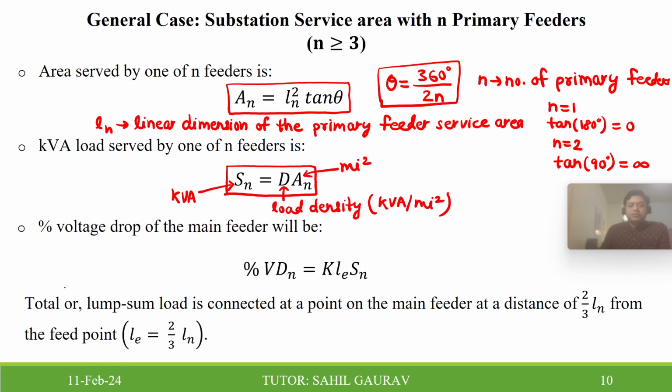Now the percentage voltage drop of the main feeder will be, we have seen this expression, K into L_E into S_n.